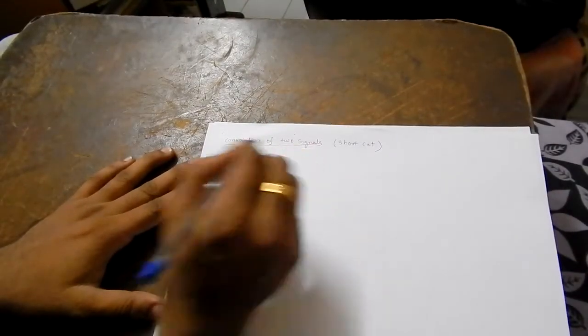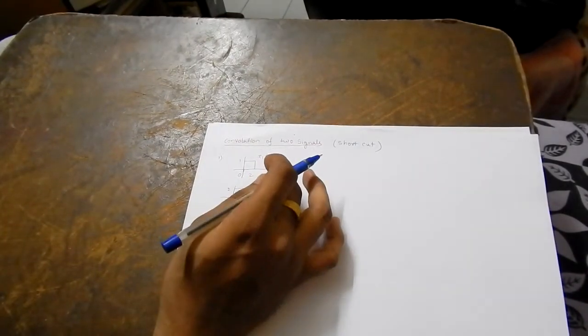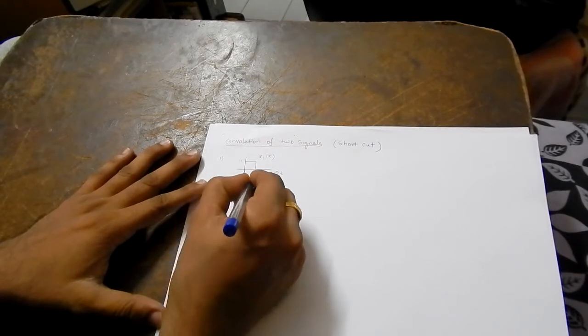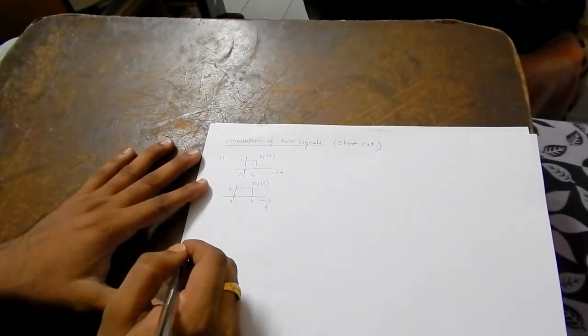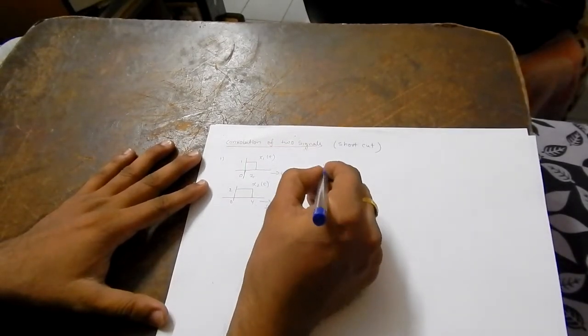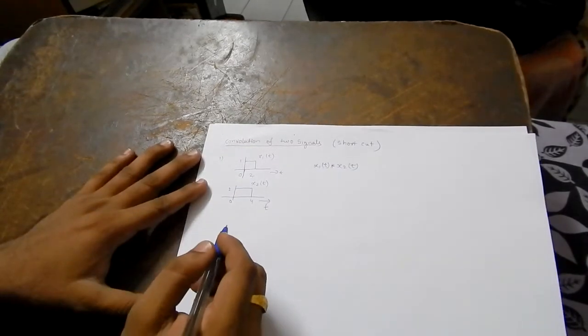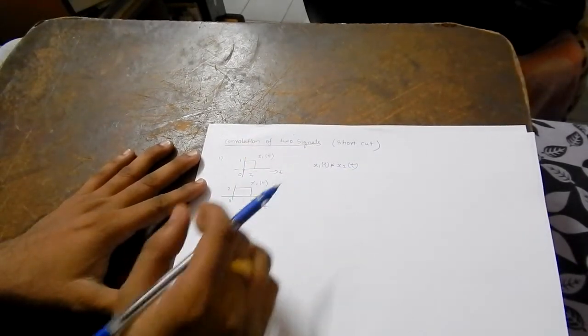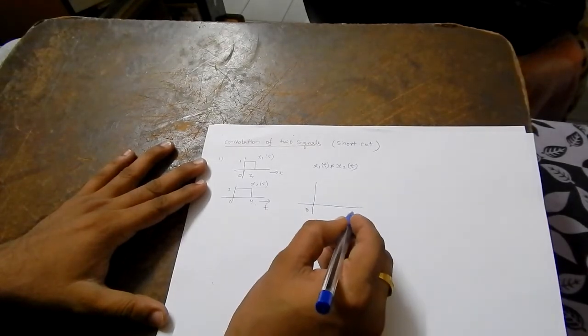So, convolution of two signals, shortcut method. See here, x1 of t is one signal with limits 0 to 2, and x2 of t has limits 0 to 4. So what is the convolution of x1 of t with x2 of t? I simply draw the limits as 0 to 6.